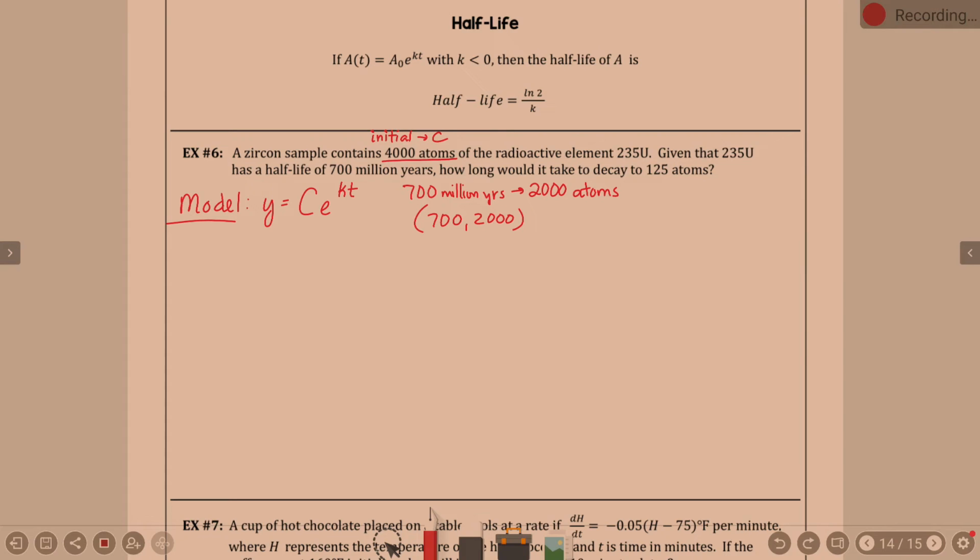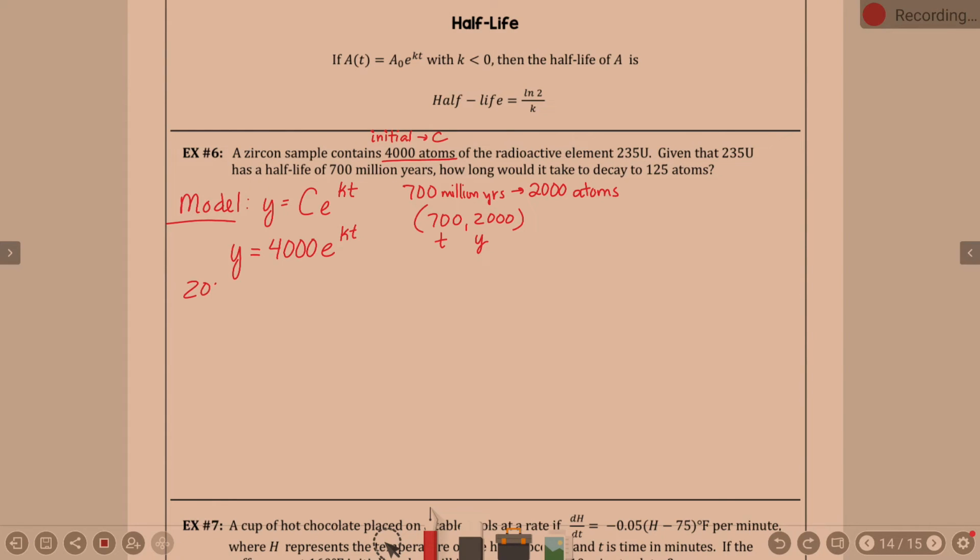So, given all that information, we can work to find our K value. Okay, we can use the model y equals C, so y equals 4,000 e to the kt. We have an ordered pair of time and atoms that we can put in to find K, correct?